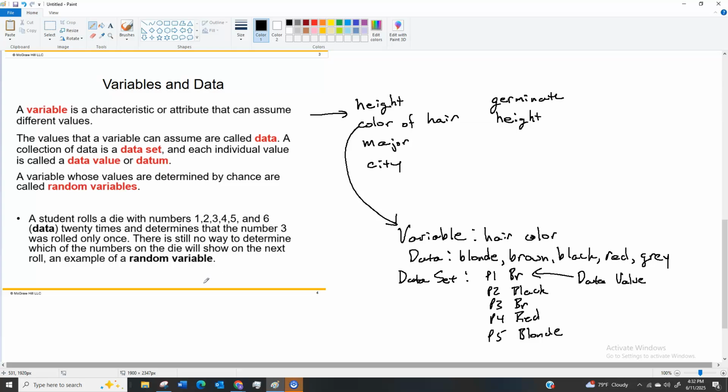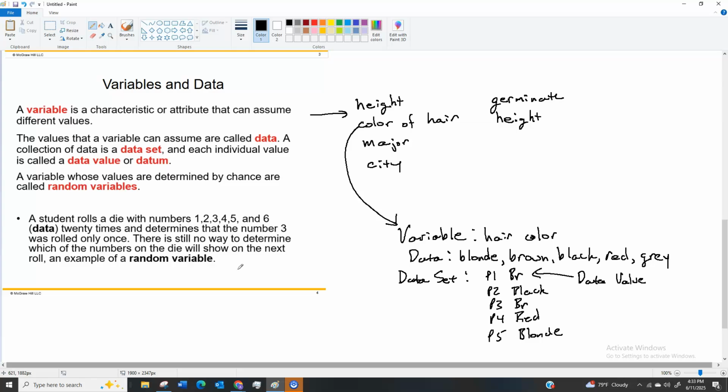So when you roll that die, it's just a random chance whether you're going to get 1, 2, 3, 4, 5, or 6 on a regular 6-sided die. If you draw a card out of a deck, it's random. If it's shuffled up, it's random whether it's going to be a heart or a diamond or a club or a spade, or whether it's going to be an ace or a 2 or a king or a queen or whatnot. When you draw a number out of a hat, or a name out of a hat, like say you put everybody's name in a hat and you drew somebody's name out, that would be random.